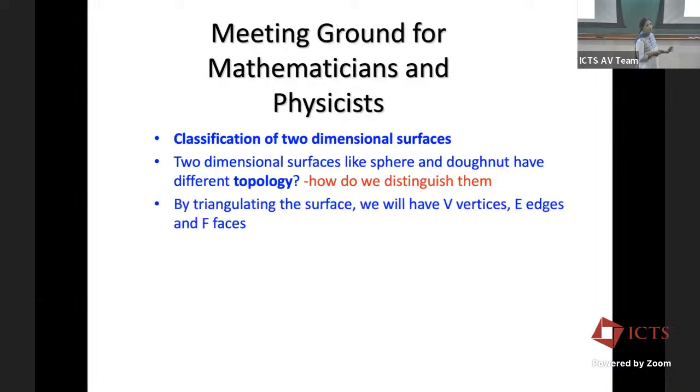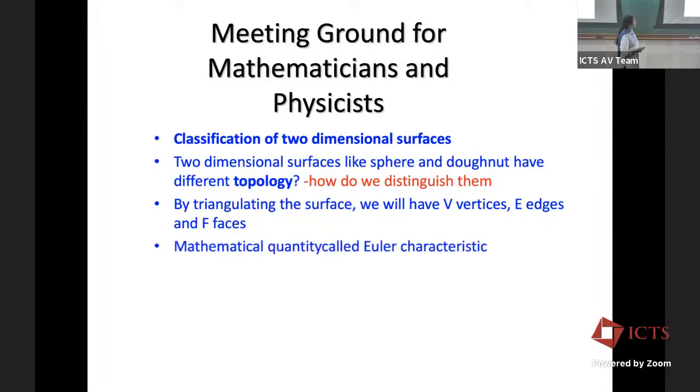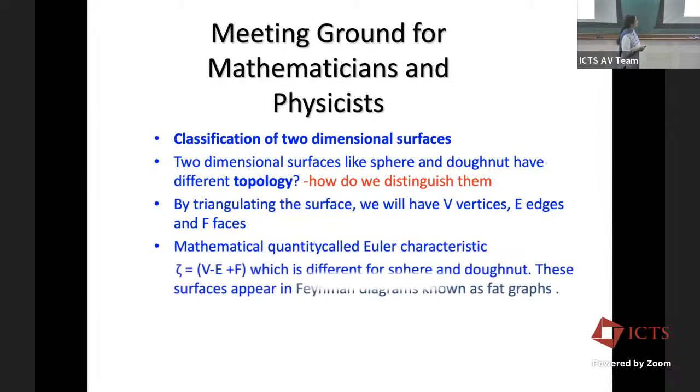There are no two surfaces which have the same genus. A donut is different from a sphere, and you don't find another surface which shares the same. So by triangulating the surface, by vertices, edges, and faces, you can write a mathematical quantity which is your Euler characteristic, and you can completely distinguish every surface.